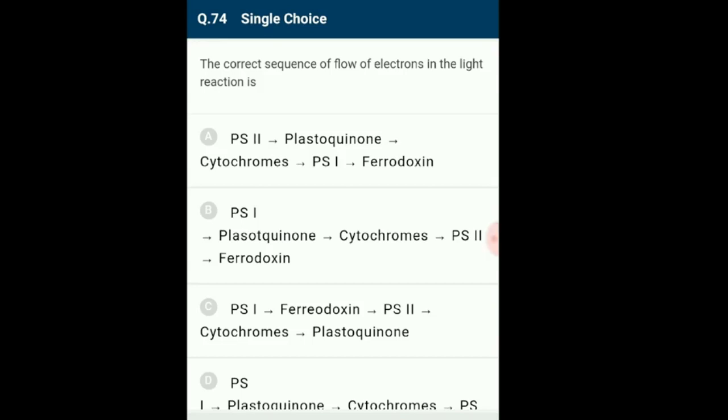PS1 then passes the electrons to ferredoxin, and then NADP is finally reduced into NADPH2. So the answer for this question is option A, PS2, plastoquinone, cytochromes, PS1, and finally it reaches ferredoxin.